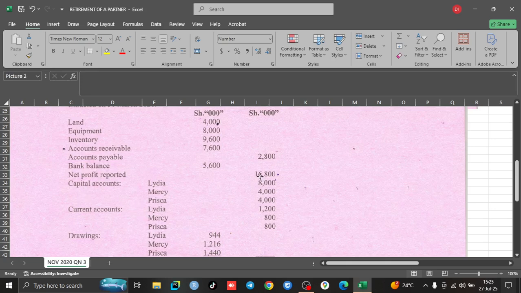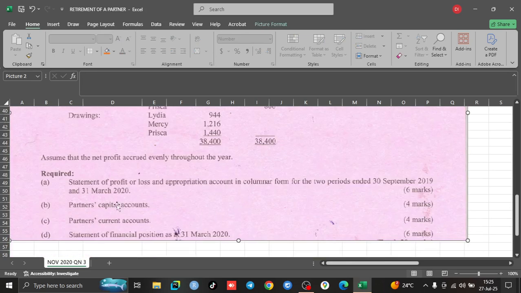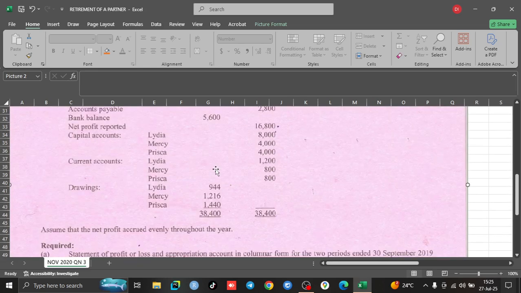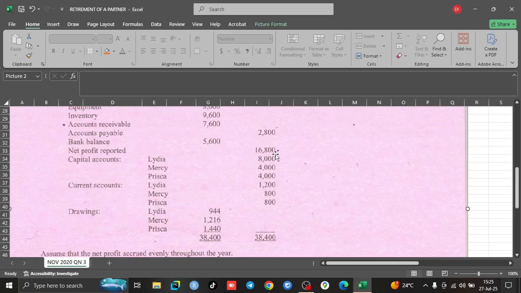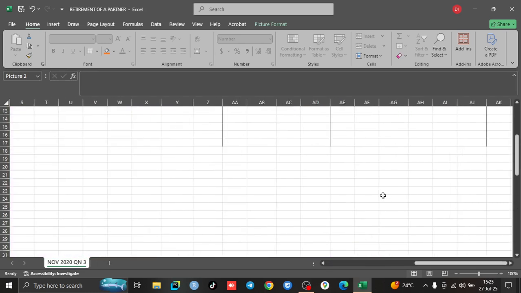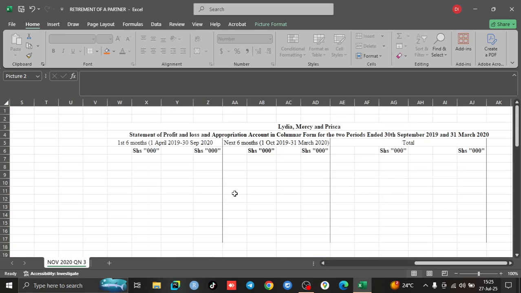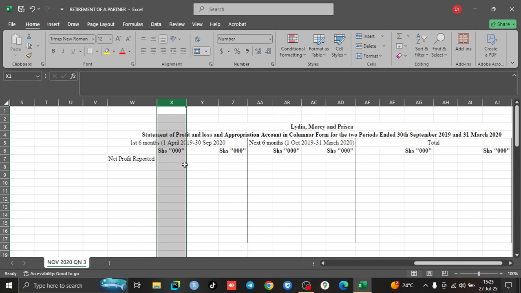We have been given the net profit as 16,800, and I think they said it will accrue evenly throughout the year. So if it accrues evenly throughout the year, you will apportion it according to the 6 months for each of the durations. So net profit reported is 16,800, but that is for the whole year, the total for the year.